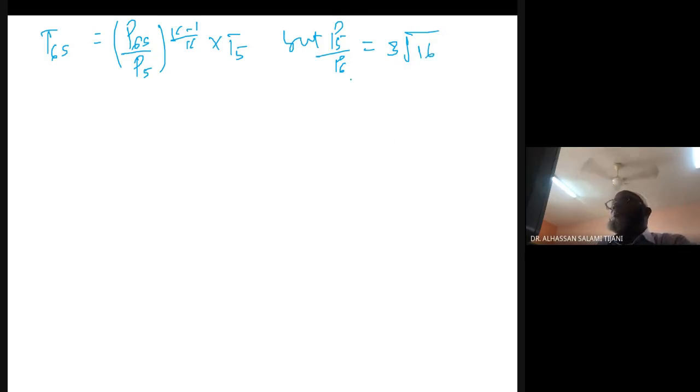So I can make that substitution into this equation. If I'm looking for P6S, it's the same as P6, because they are on the same pressure line.